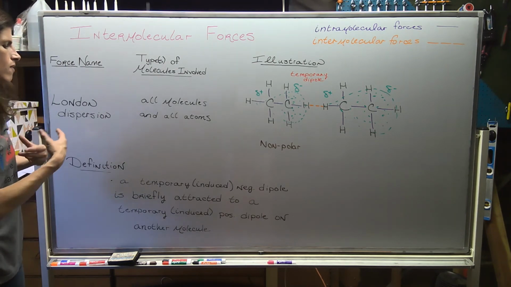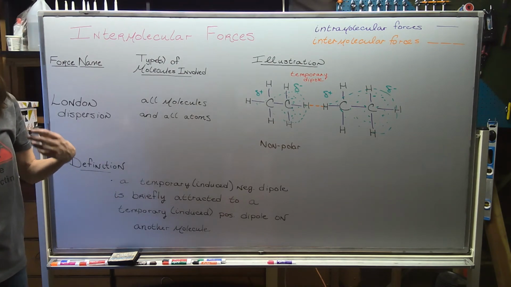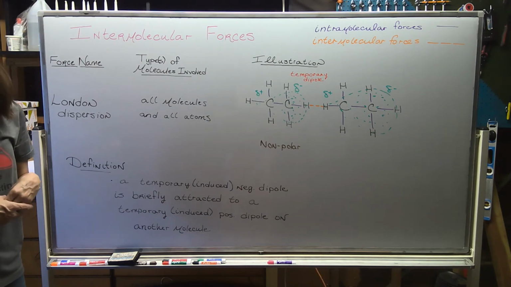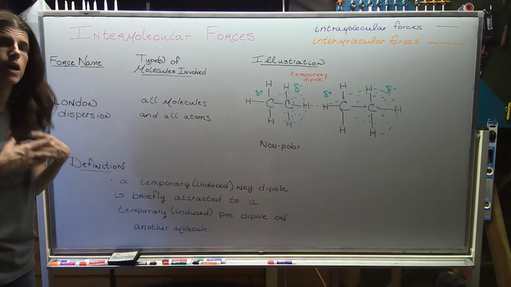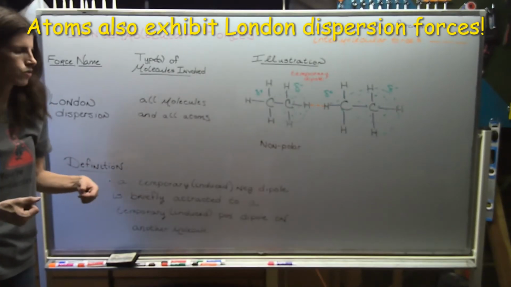So again, with everything being temporary, the attraction is very quick and it's a very, very weak intermolecular force exhibited by all molecules that have electrons, which is all molecules.